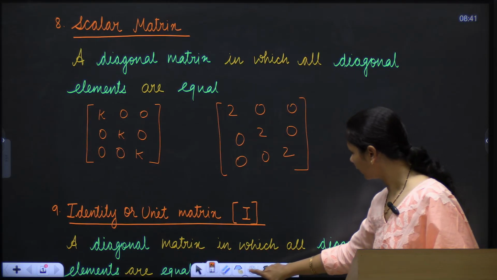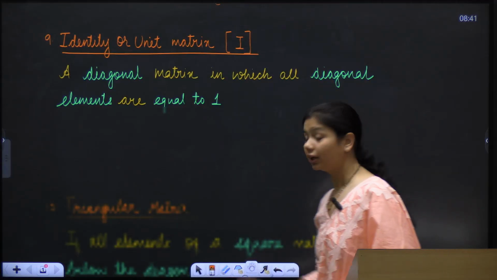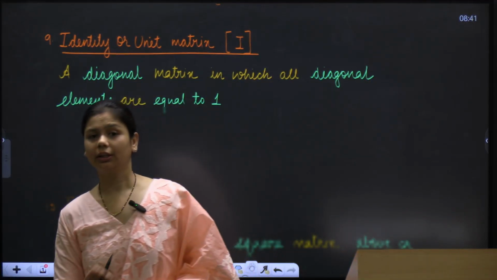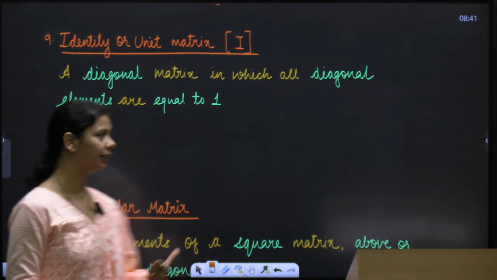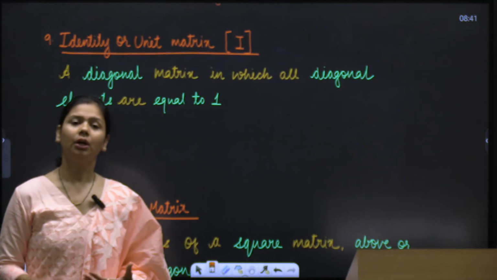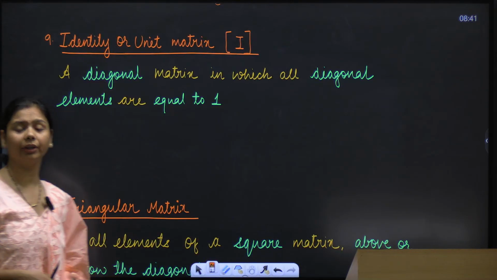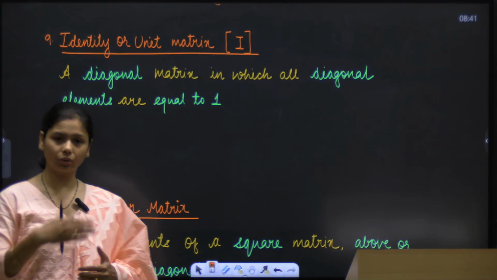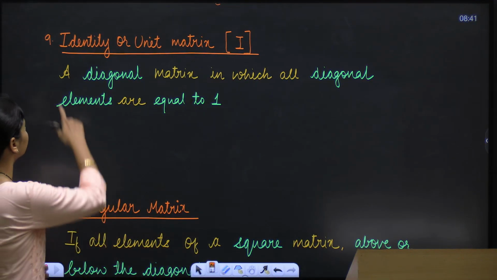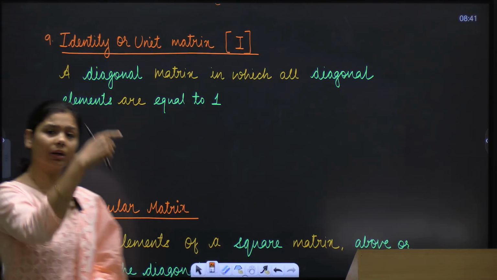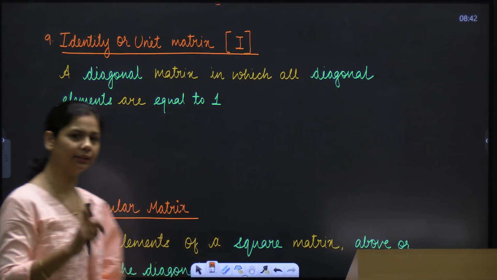The next type is the identity or unit matrix. As I have told you, these all are extensions of the diagonal matrix. Diagonal matrix means all non-diagonal elements will be 0, but in this identity matrix all diagonal elements have the value 1.